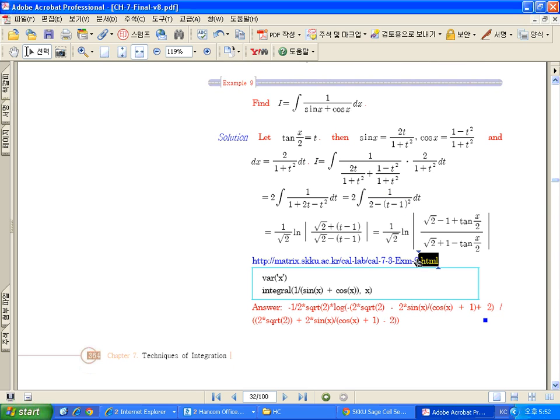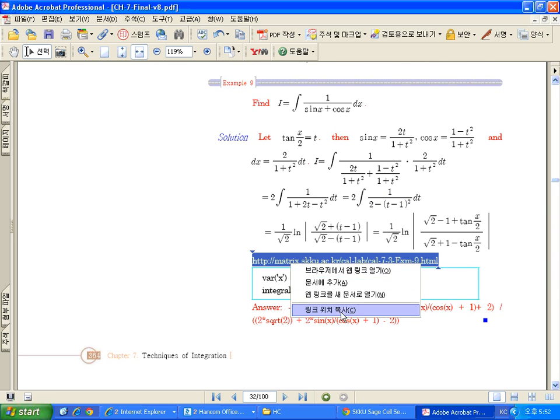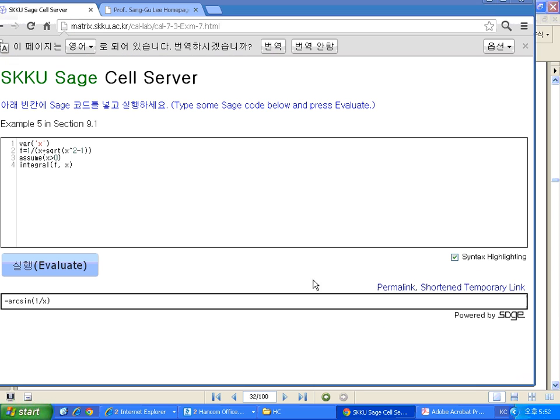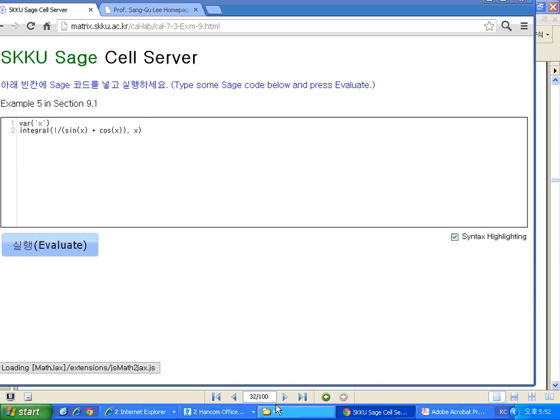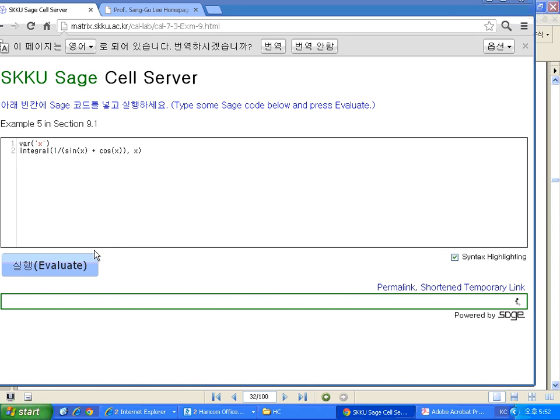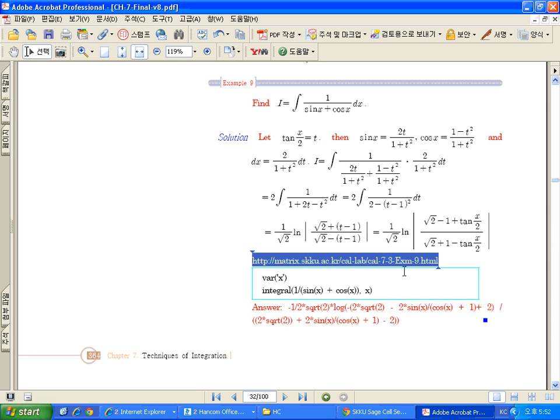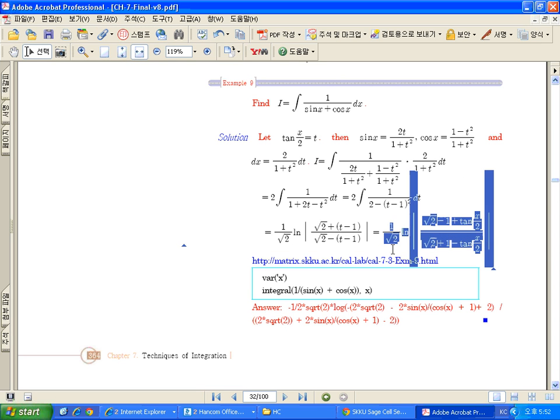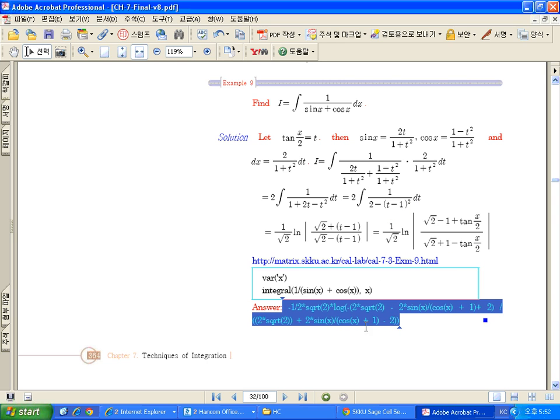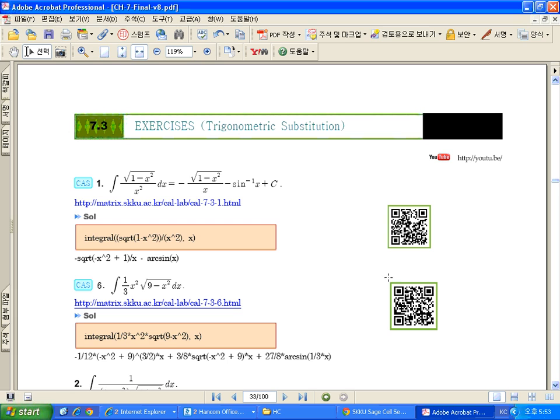Or you just do the integration with Sage. Then you may have the same answers as what you have here. This is another representation of these equations.